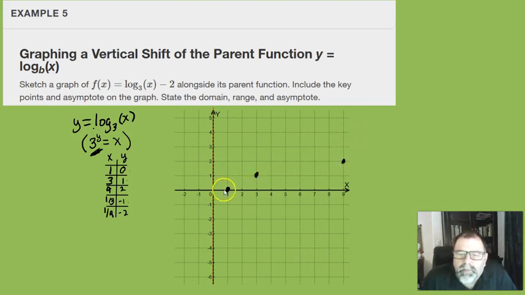Maybe I shouldn't go out that far because I'm not very good with this tablet that I'm using. And then 1/9 there. Okay, so this is my parent function. Not too bad, getting a little better. And then again, this is going down forever.